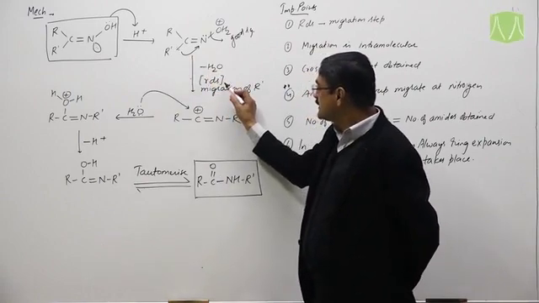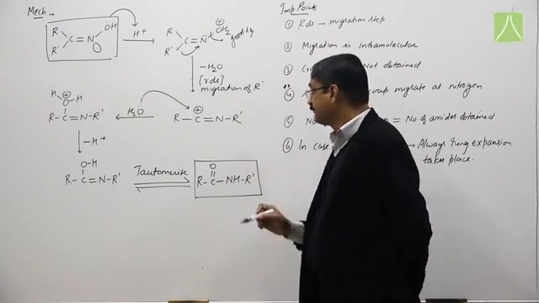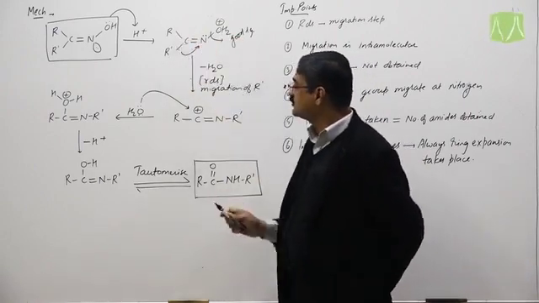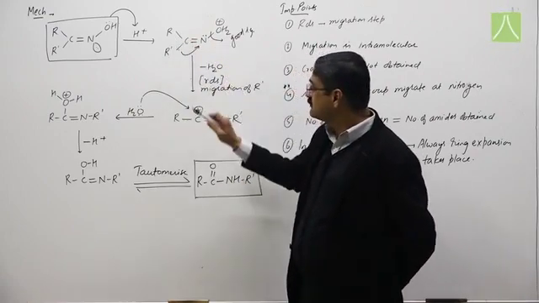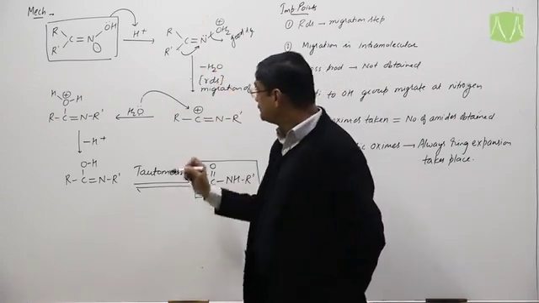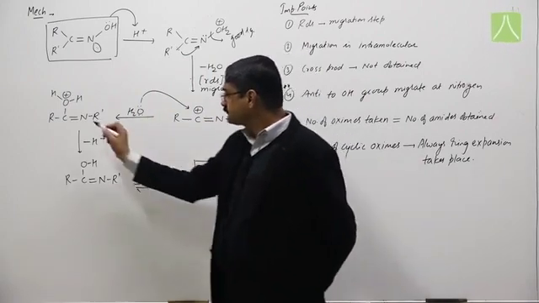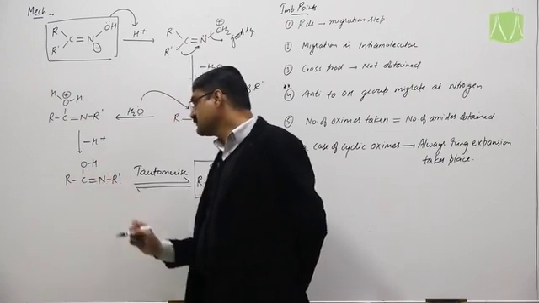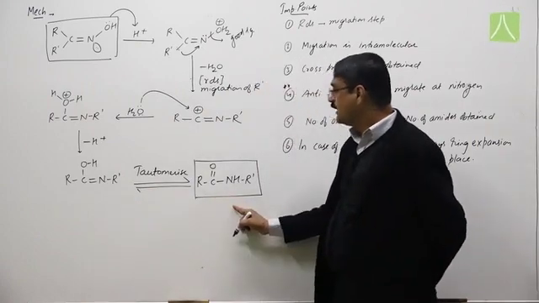This is the slow step, known as the rate determining step, migration of R. This must be opposite to the OH because from the same side electronic repulsions are more, so this R cannot transfer to the nitrogen easily. That's why the opposite alkyl group transfers to the nitrogen atom. Now this carbocation again gains a water molecule, and after that one OH and a double bond NR are present. So this group tautomerizes and is converted into a stable amide.